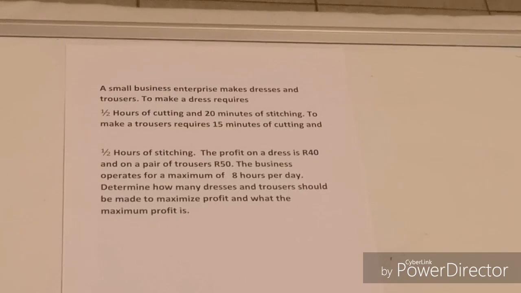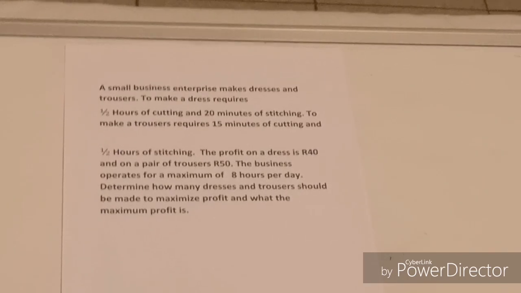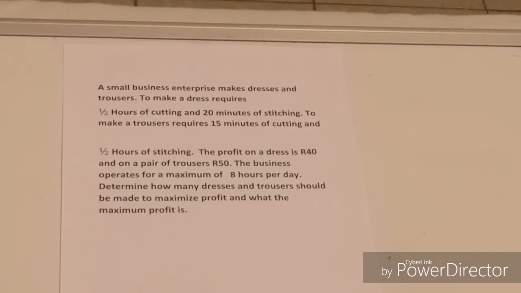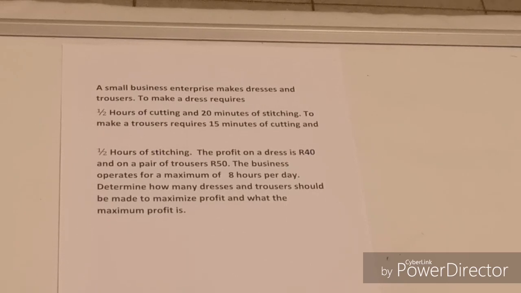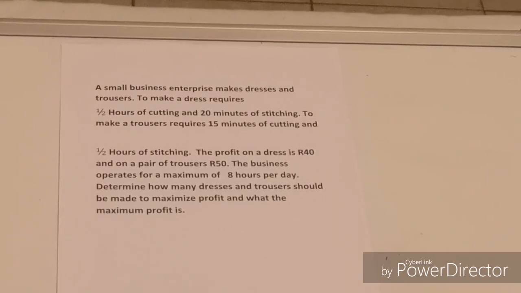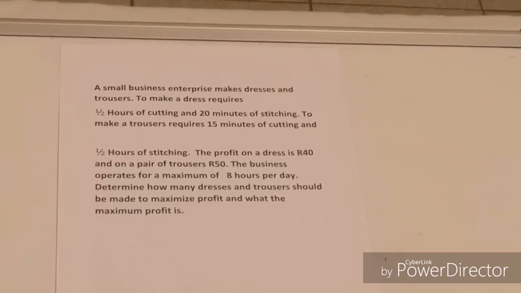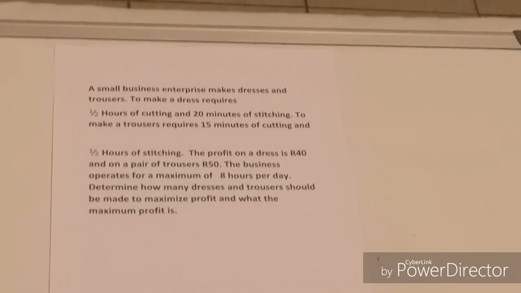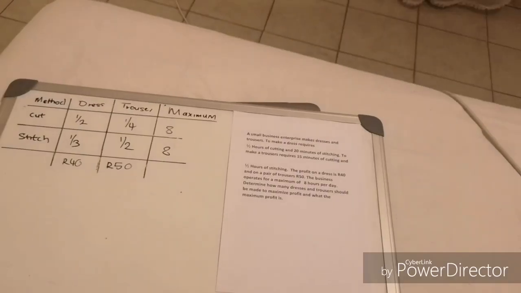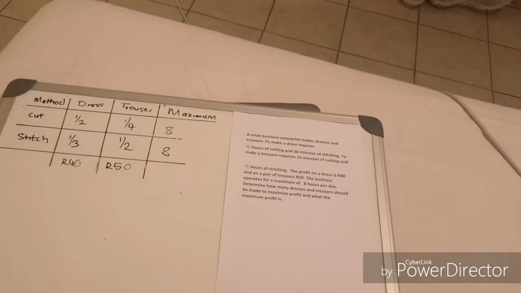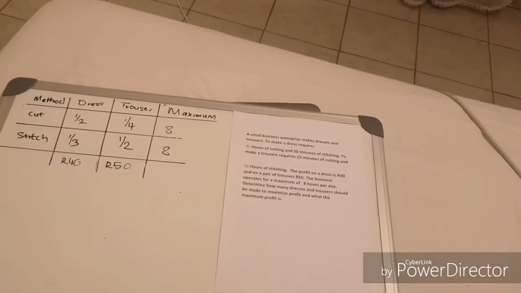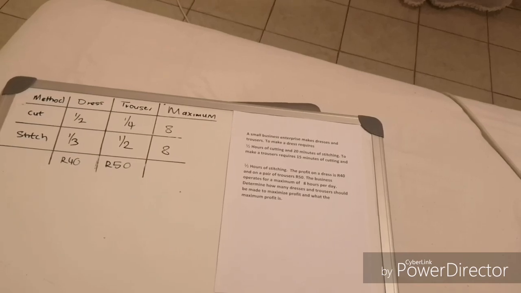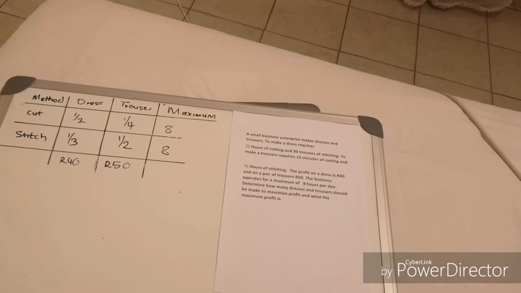Now the question would be, determine how many dresses and trousers should be made to maximize profit and what the maximum profit is. Now that one is basically straightforward. It tells you that it wants maximum profit. Okay, so I've drawn up a table to break down the problem that we've been given. We've been given two groups, which is dresses and trousers.